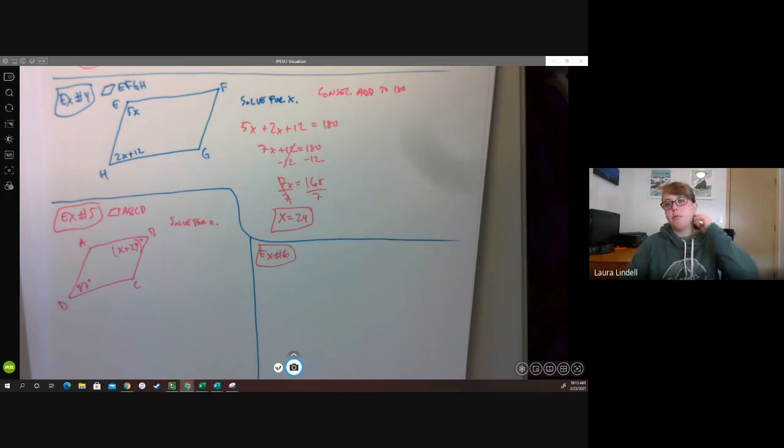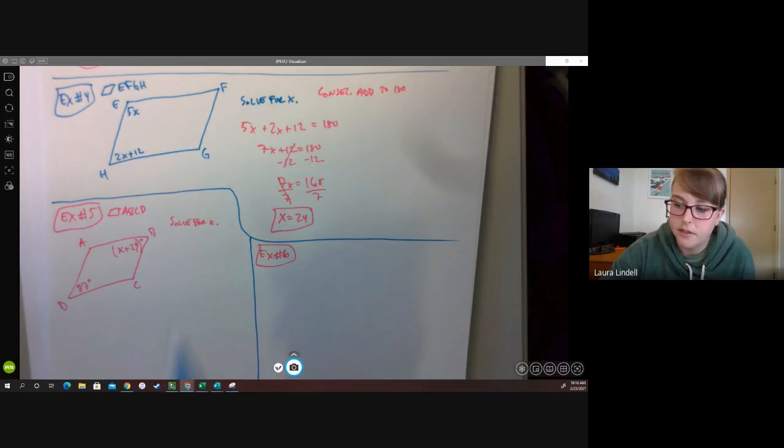What do we think? Take a look at your properties of parallelograms. Are they opposite or are they consecutive? Are we going to add to 180 or are we going to set them equal? Well, it's different than this case, right?